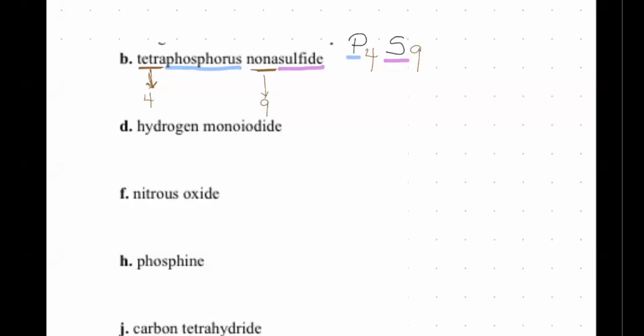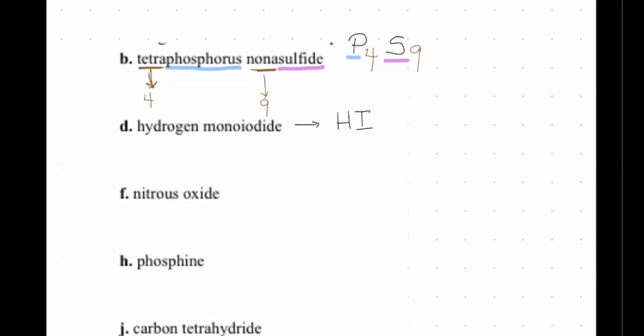We have hydrogen monoiodide. Okay, what will be the chemical formula for that? Hydrogen monoiodide. Great. This is HI.